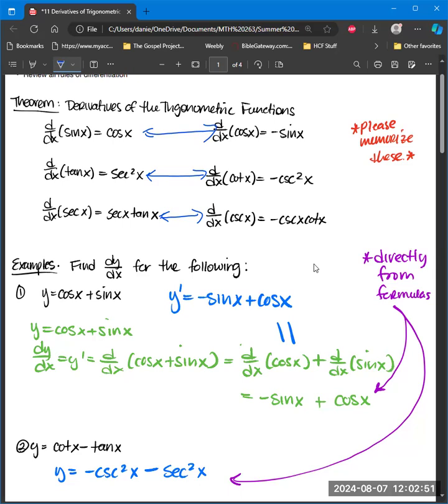So secant squared becomes negative cosecant squared. The cofunction of secant is cosecant, and it works both ways.